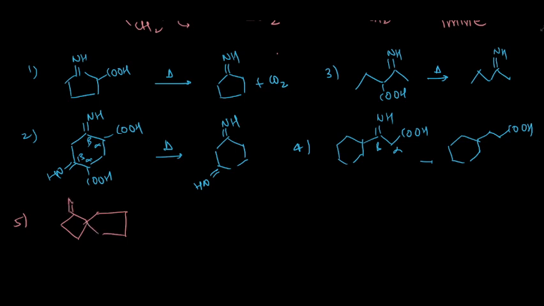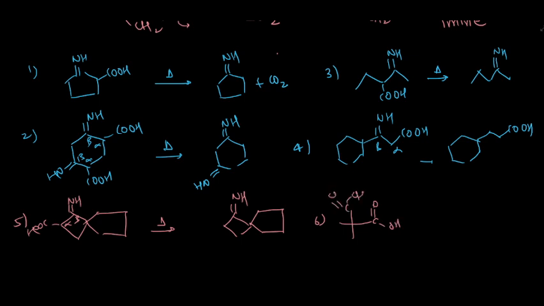We have double bond NH and COOH. It is at the beta position with respect to the carboxylic acid, so it will form double bond NH and this will form.